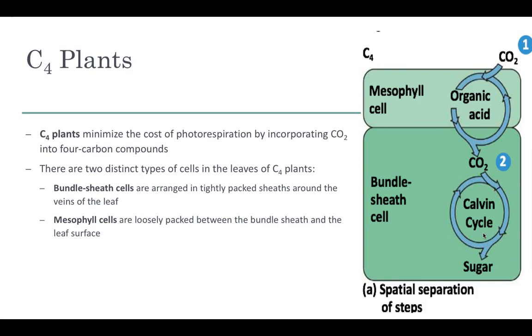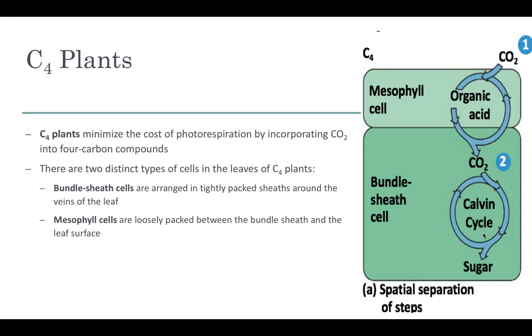And so C4 plants use a spatial separation of the steps. Remember those mesophyll cells and the bundle sheath cells from before? The bundle sheath cells are closer to the xylem and the phloem. What happens is that the carbon dioxide is incorporated into an organic acid in the mesophyll cells.